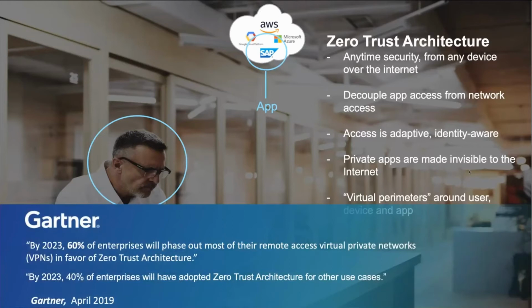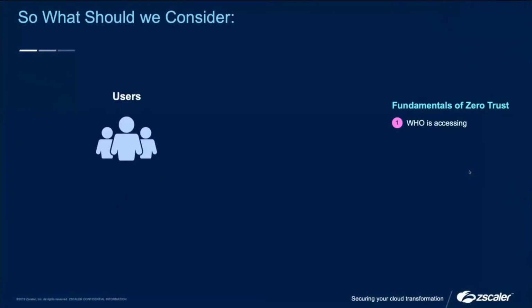So let's talk about what we should consider when it comes to zero trust. And I'm going to come back to the idea of the users. Now, the critical piece on this is you should know who is accessing what. Now, this is actually really easy because whilst most companies have a large problem in generally handling identity, the good thing is by creating a new system, you can add people freshly to it.